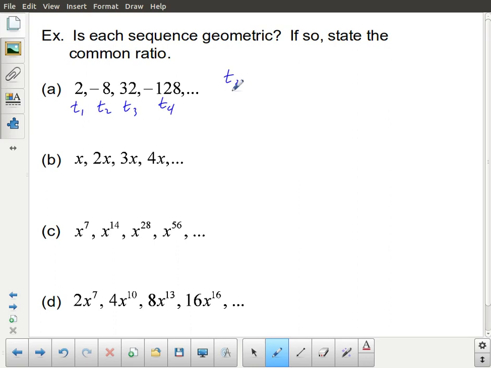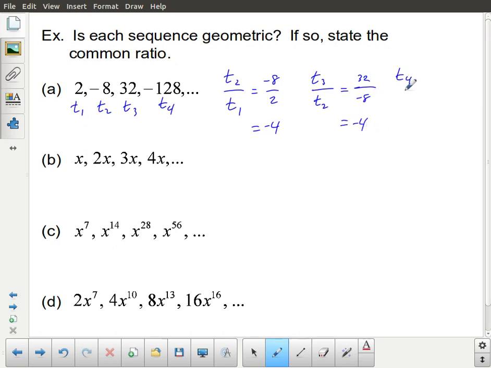So T2 divided by T1 equals -8 divided by 2, which is equal to -4. That's the same thing as saying I take 2 multiplied by -4 gives me -8. And we can see that's true. T3 over T2 is equal to 32 divided by -8, which is also -4.